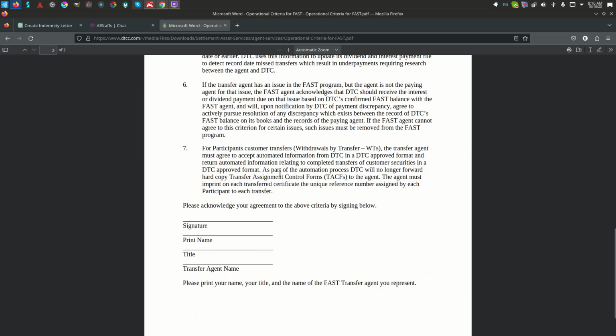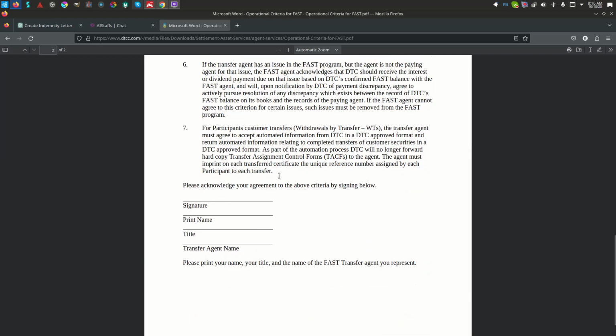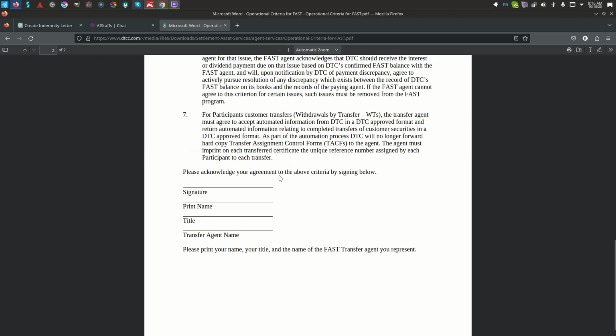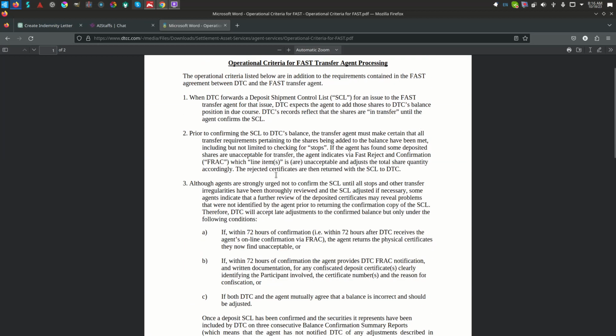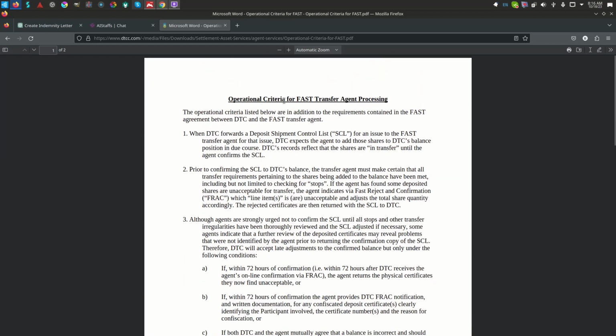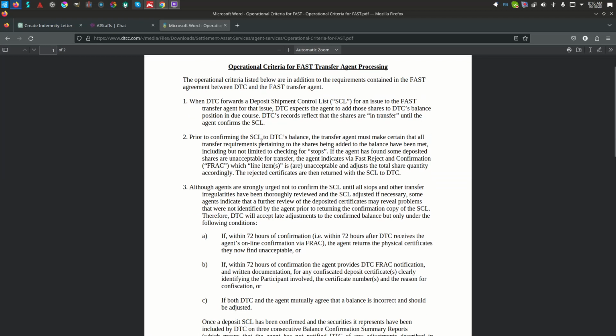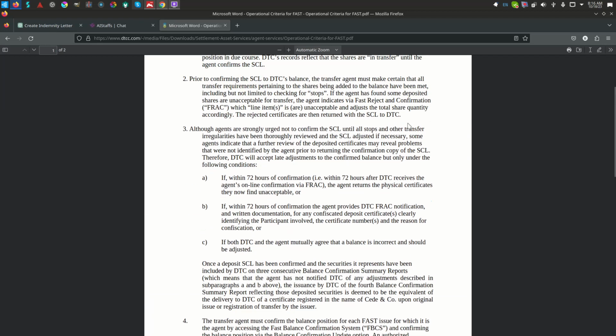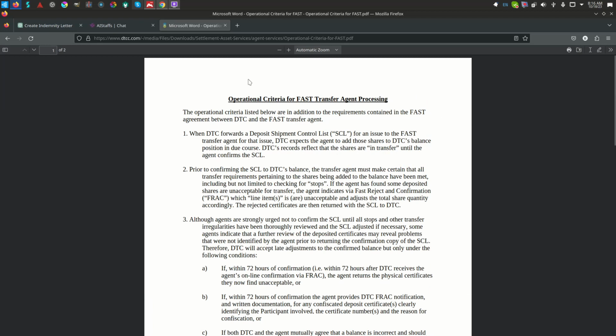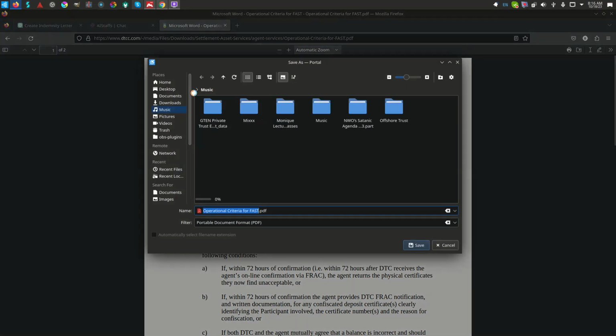Wow. Really? So this document is an operational criteria for FAST transfer agents processing. The operating criteria listed below are in addition to the requirements contained in the FAST agreement between the DTC and the FAST transfer agent. When the DTC forwards a deposit shipment control list, interesting. So yeah, we'll just add that to our list of documents that we need to study.